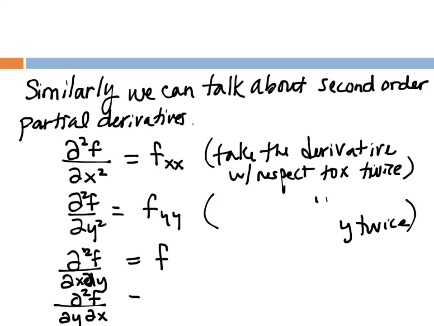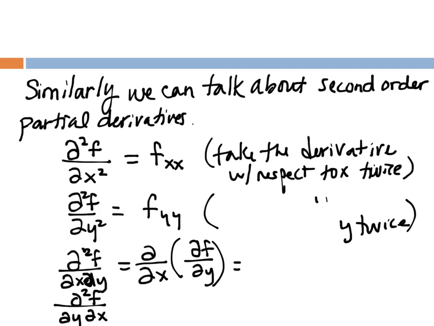Let me actually write this carefully. This is actually the derivative of the derivative with respect to y, df dy. So what you're actually doing here is you take the part on the inside first. So this is the partial with respect to y first, and then you take the partial with respect to x after that. So in terms of that notation, it actually switches, because in this notation, we write the first one we do first.